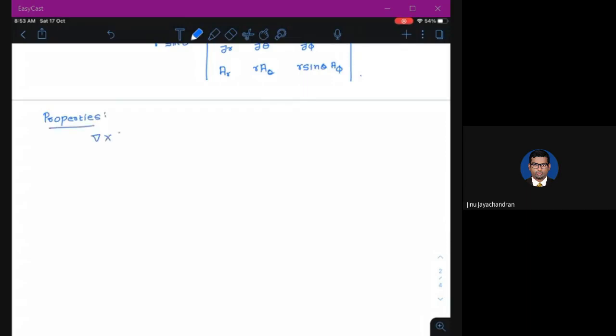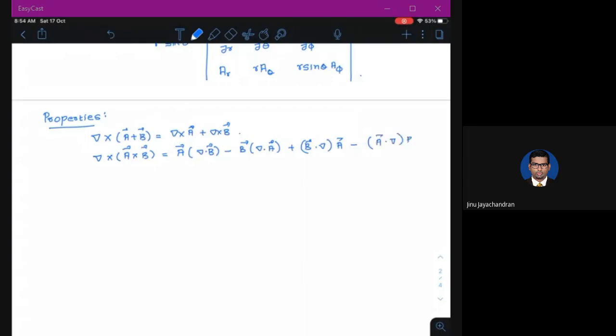del cross (A plus B) is equal to del cross A plus del cross B. Del cross (A cross B) is equal to A into del dot B minus B into del dot A plus B dot del into A, minus A dot del into B. So these are all vectors.